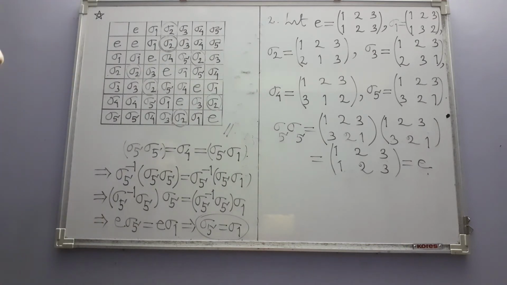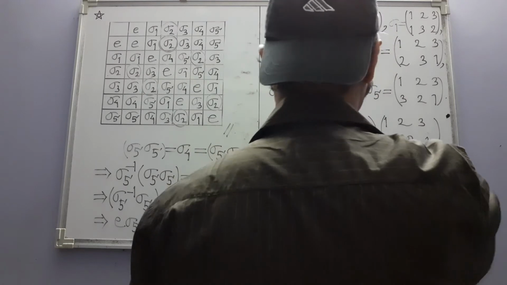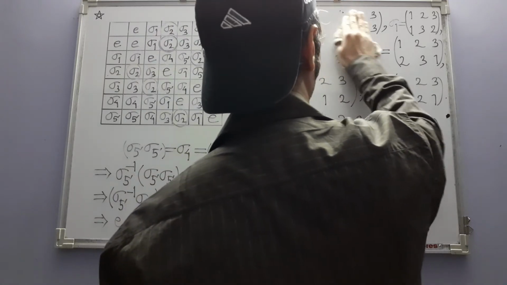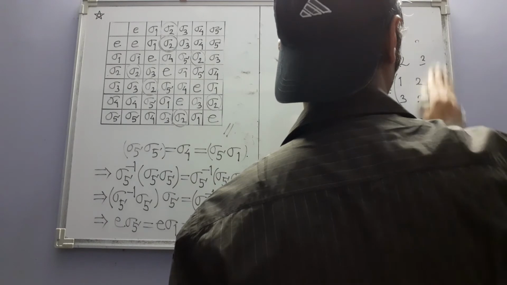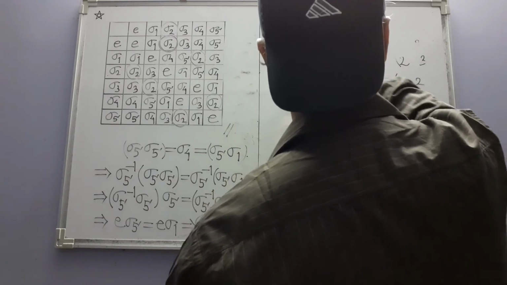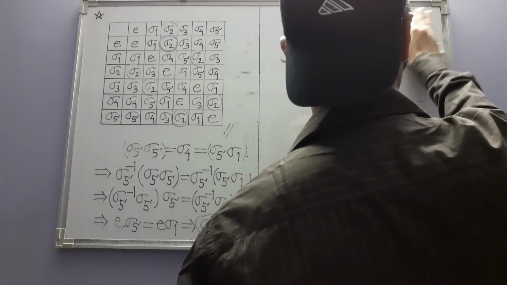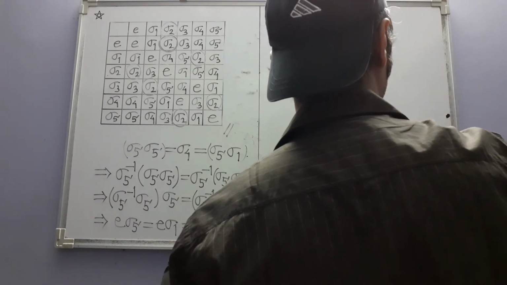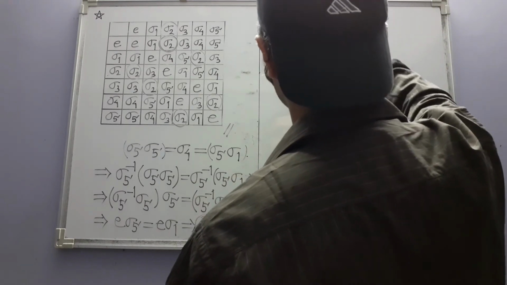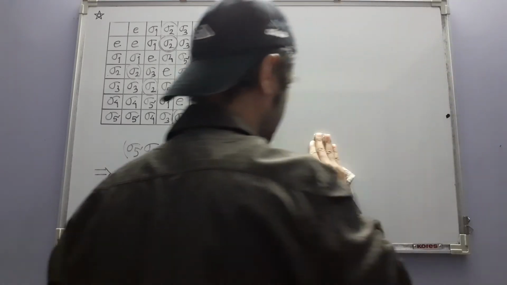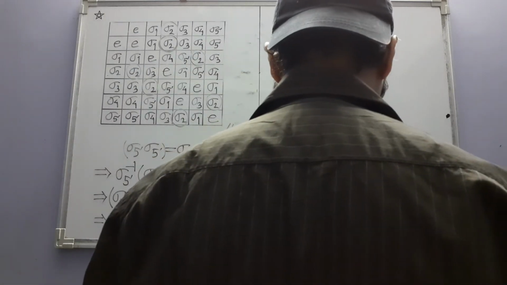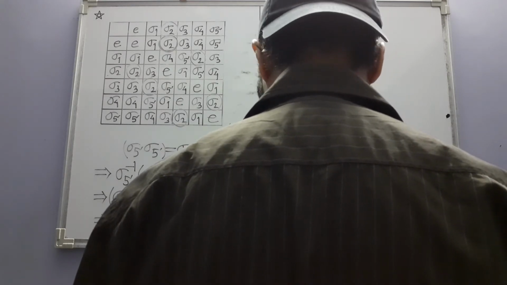Now next, group composition tables or group tables have that property like magic squares, that each element appears in each row exactly once and in each column exactly once.